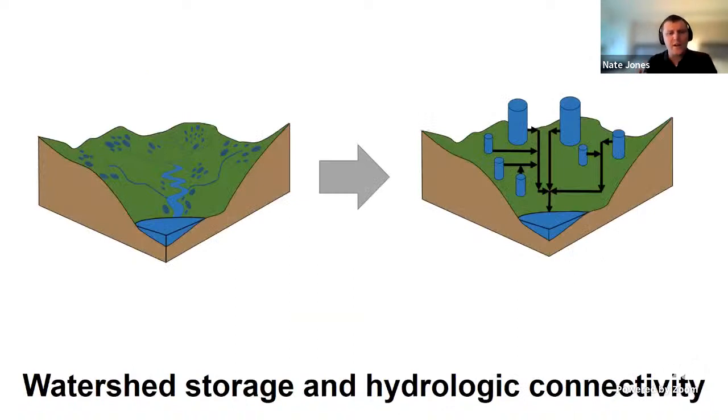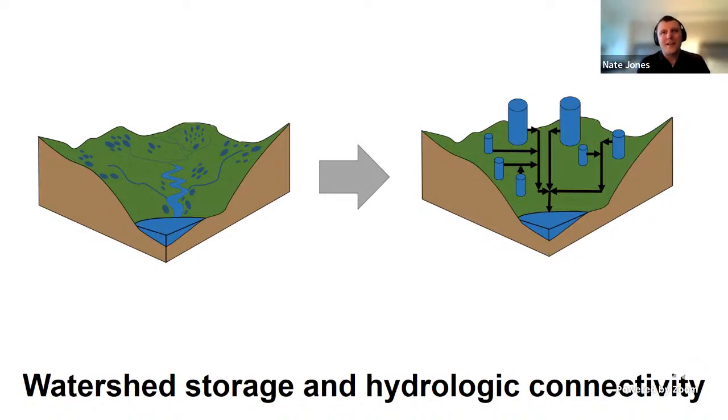And so when I talk about watershed storage and connectivity, at the simplest form, we're just talking about where is water stored on the landscape or in the landscape, and then how does it move between those storage volumes? I divide the world up into bioreactors, so the picture on the right, and then pipes connecting those bioreactors is how I conceptualize the world.